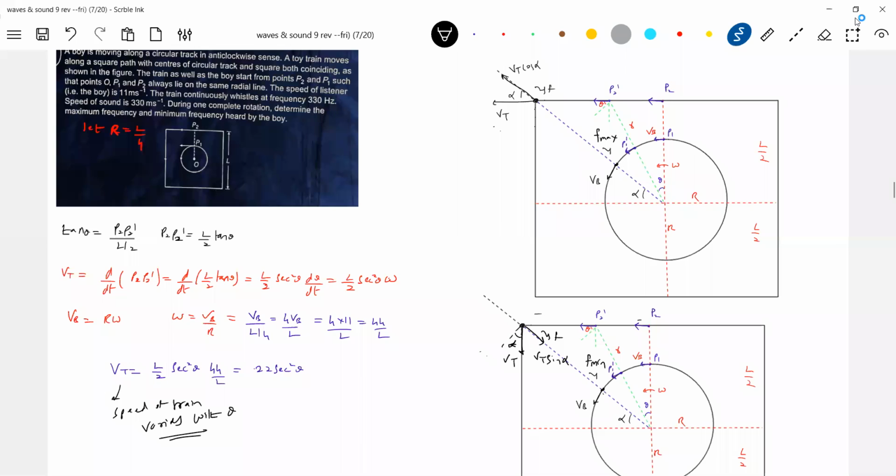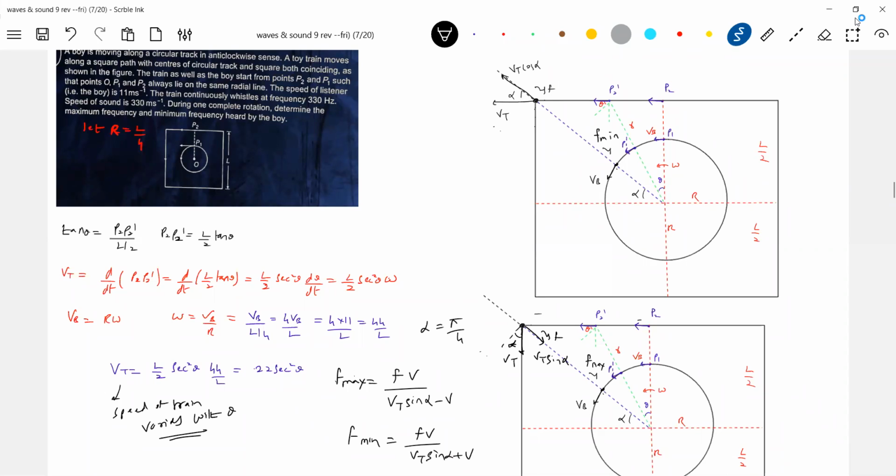So the apparent frequency f minimum should be equal to f into v, minus v. So f max will be, f minimum will be f into v over Vt sine alpha plus v. What is alpha? Alpha will be pi by 4 or 45 degrees.